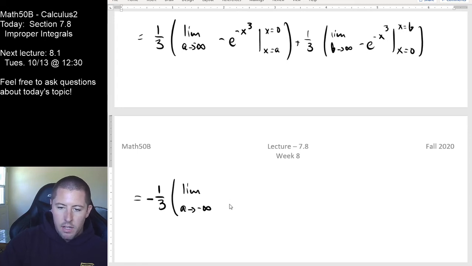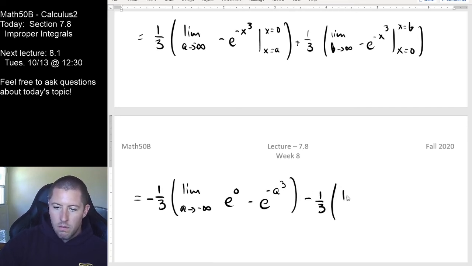This should be e to the negative upper bound, 0, minus e to the negative lower bound. Over here, I'm getting e to the negative upper bound minus e to the lower bound.